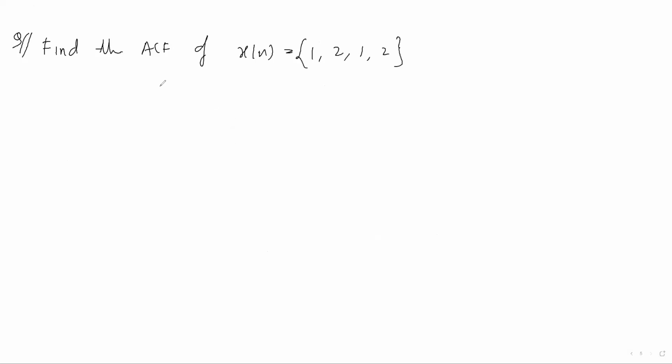Okay. You can take, let me give this signal only. Find the autocorrelation function of x of n equal to 1, 2, 1, 2. So here two concepts you require. Very interesting problem. This sort of question often comes.